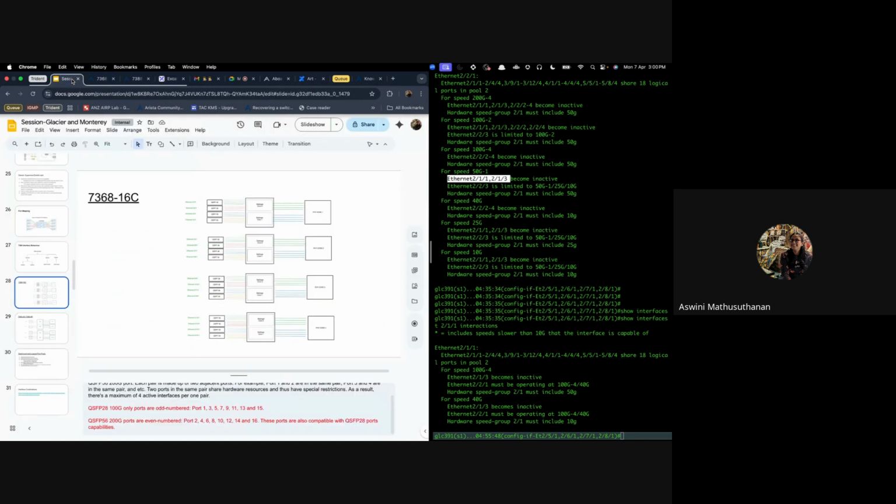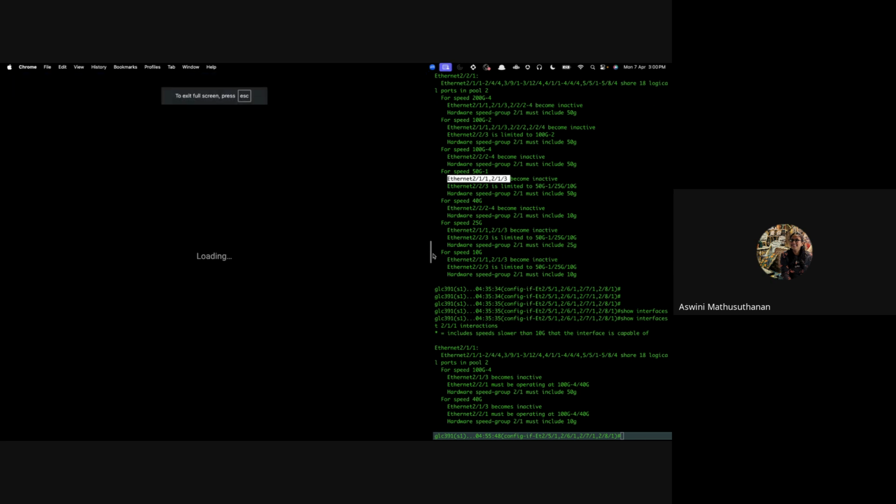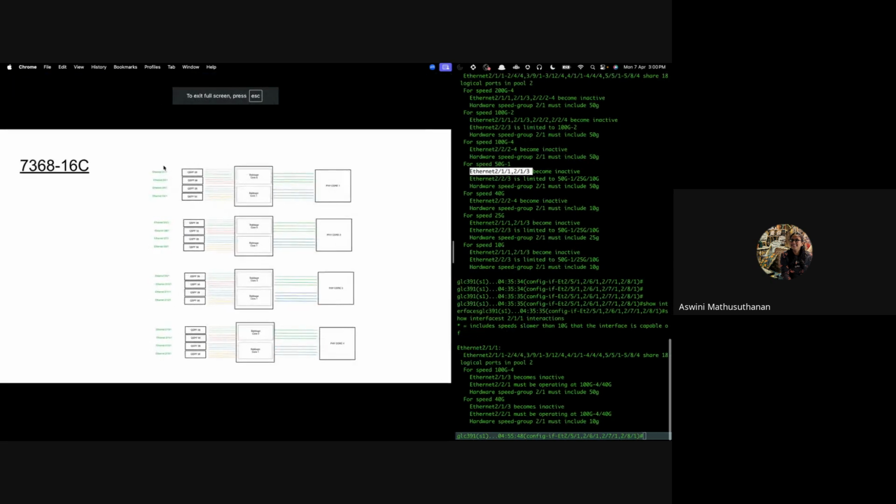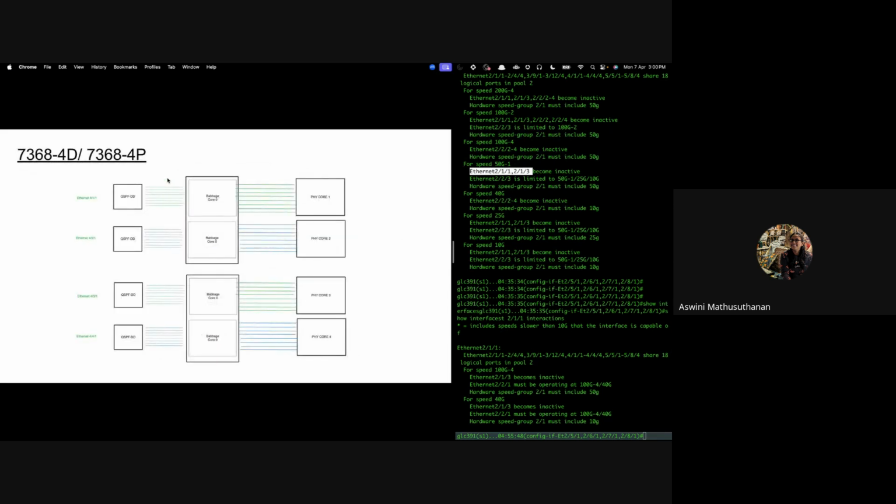So in case of other form factors, which is 8D or 8P, even this should be overcome. So we have 8 lanes, and we have 8 SerDes. So this should have gotten reduced.